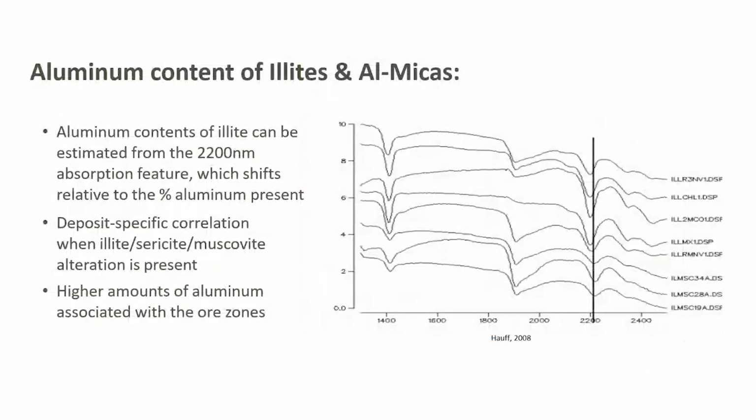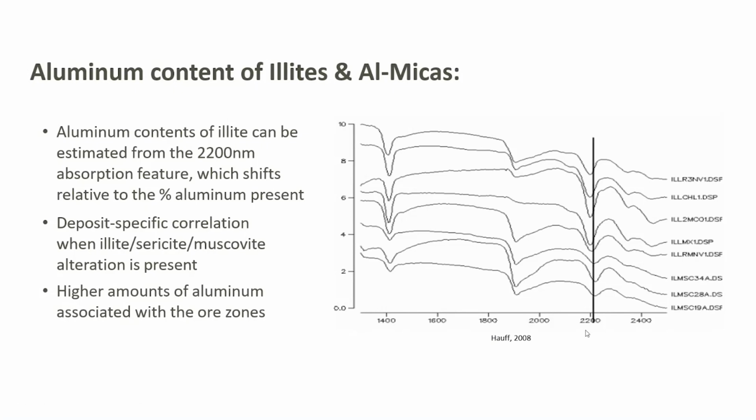All right, so aluminum content of illites. This is a very popular, very important application here. These can be estimated from the 2200 nanometer absorption feature, which is shown here with the line going horizontally.